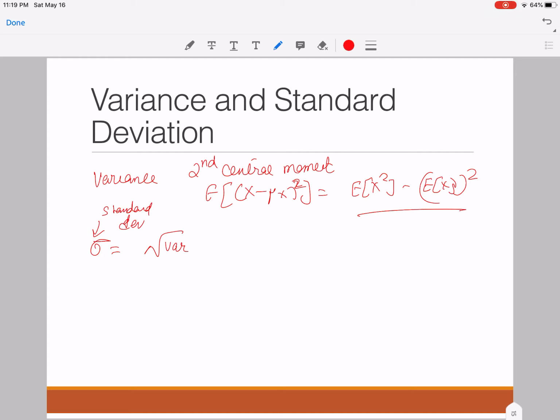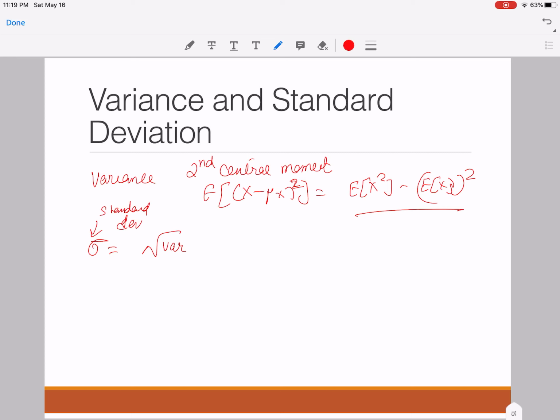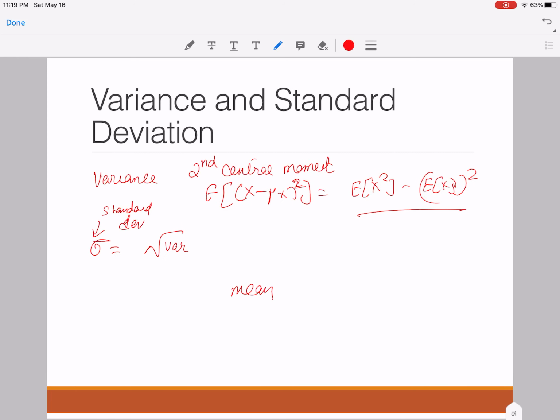So it has the same units as my underlying random variable, which is the weight of the individuals. That gives me much more insight with respect to how much the data is spread about the mean. So it's the standard deviation which is the more useful information. Together, mean and standard deviation give you almost a complete picture of how the data is spread.